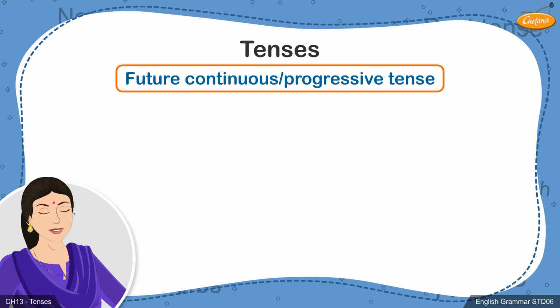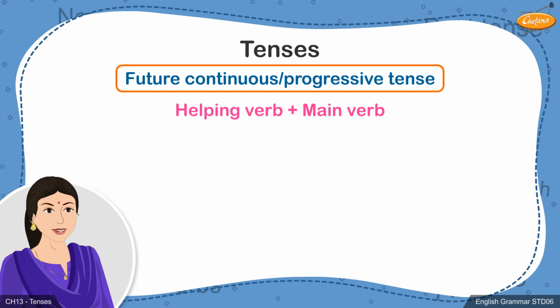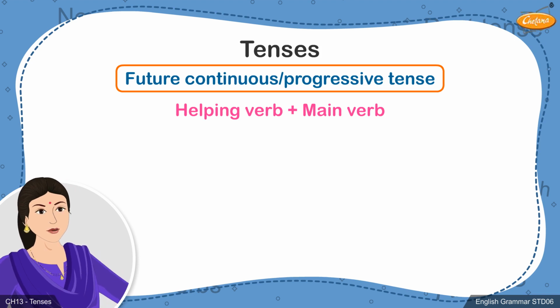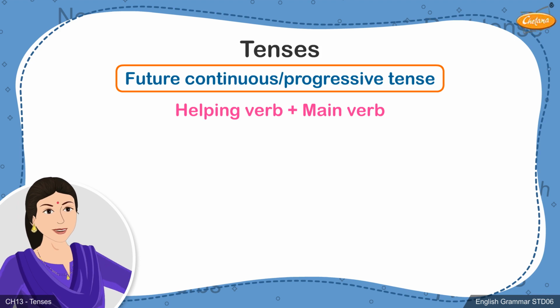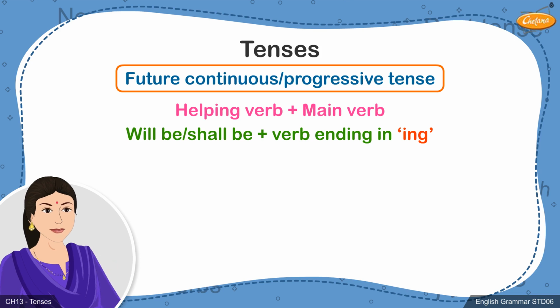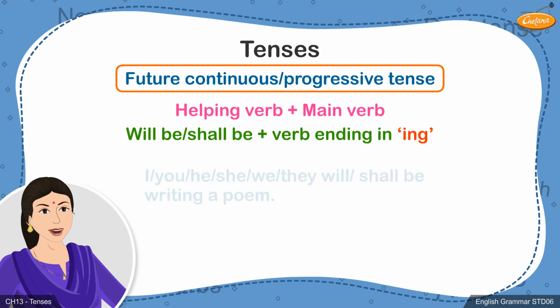A future continuous tense verb is a combination of a helping verb and a main verb. Here, will be and shall be are used as helping verbs, whereas the main verb will end in ing. Therefore, we have will or shall plus be plus verb ending in ing.